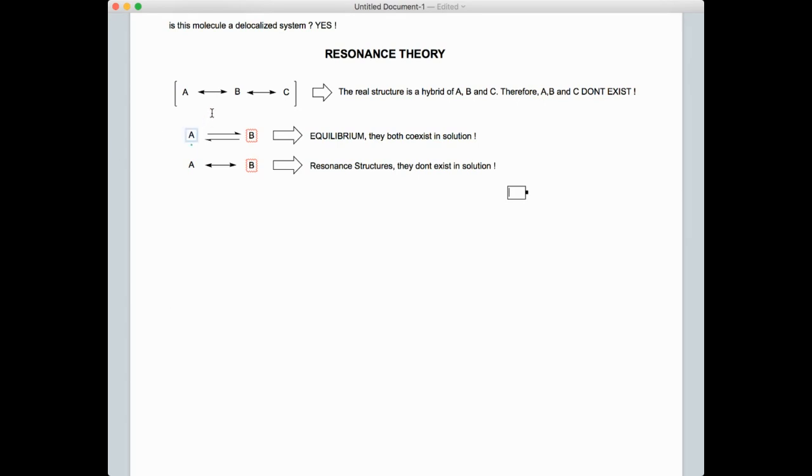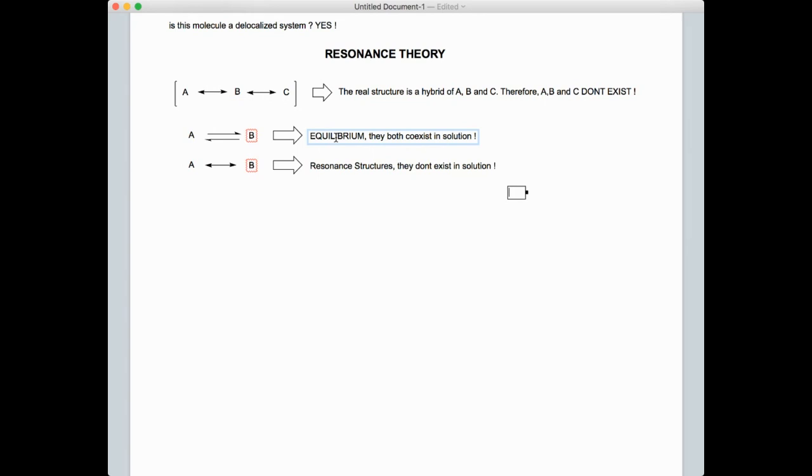And we show that on paper by using these symbols here, the double-headed arrow, which is quite different to the equilibrium arrows shown here. You see equilibrium between A and B, both A and B exist, they coexist in solution in a given percentage. It depends on the example, but they both exist.